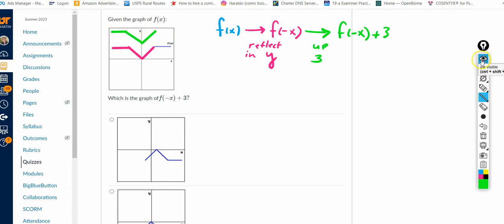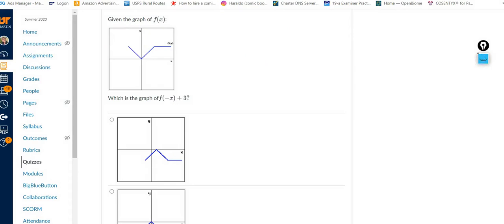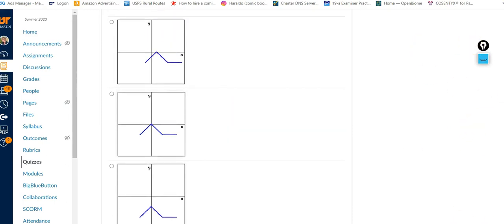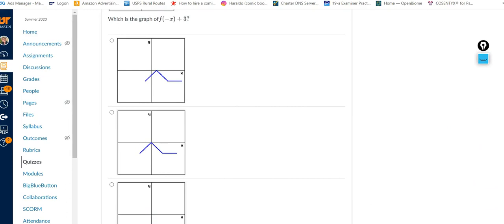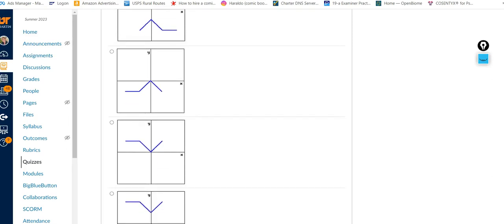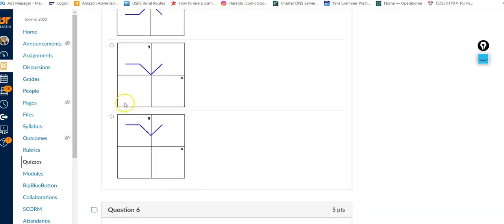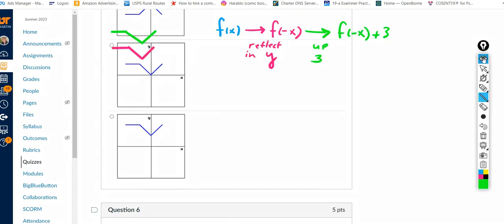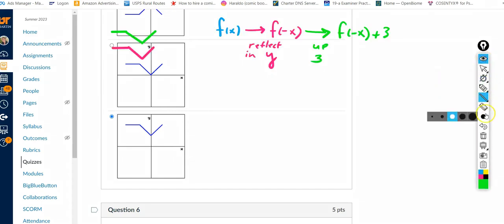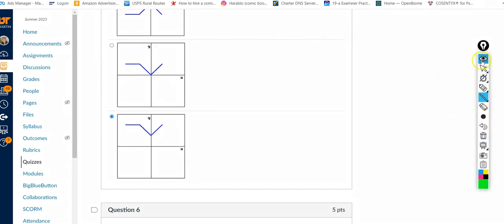There's no way the first, second, third, fourth, or fifth matches up with what I had in green. That last one is the only one it could possibly be. So I'm going to put it there.